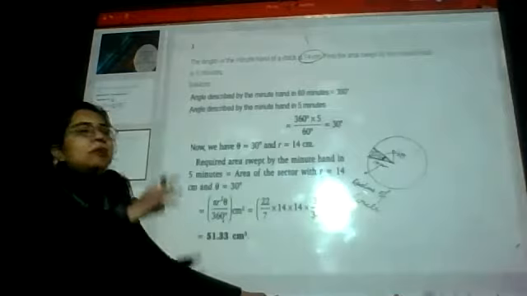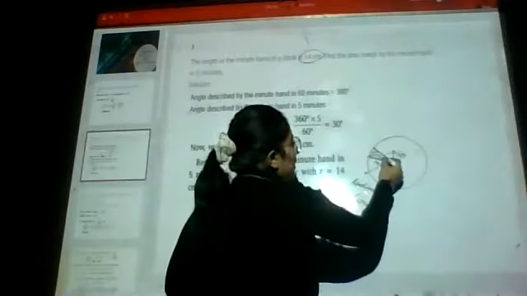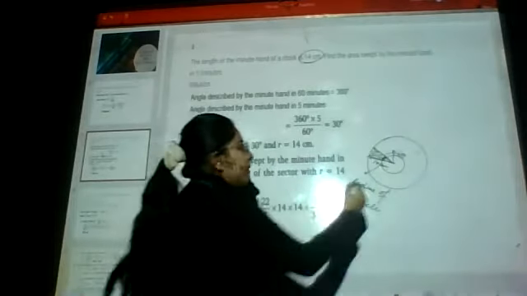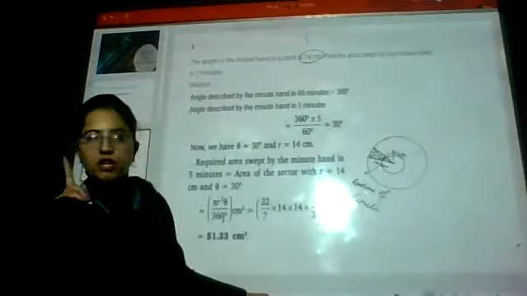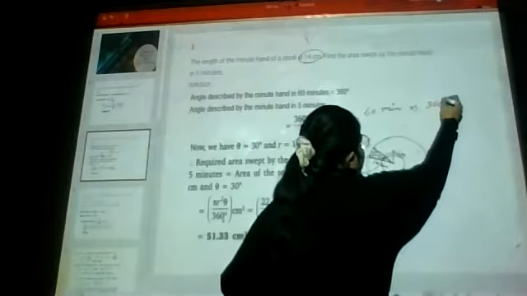You will find the theta because the clock is given to us, right? How will you find the theta? This complete circle will make a 360 degree angle. And for a complete circle, the minute hand will move for 1 hour, right? 1 hour means 60 minutes. For a complete circle, in 60 minutes, the minute hand makes an angle of 360 degree.